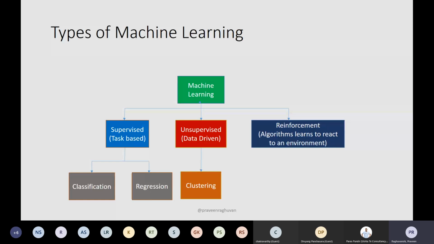So you have the label and the input both. Whereas in unsupervised, you don't know the labels, you don't know what it is. You feed it to the system, and the system itself predicts whether it's a fish or not. So it creates a cluster out of that based on some characteristics, but there is a possibility that it may not be able to predict correctly.